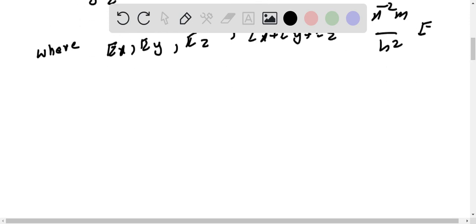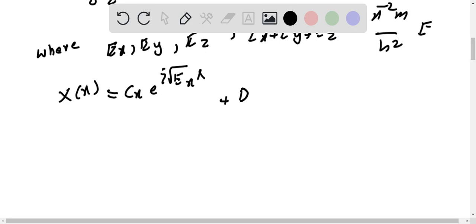And by solving the above three equations, we have that X(x) is equal to Cx e power iota square root Ex times x, right? And plus Dx e power minus iota square root Ex times x, right?